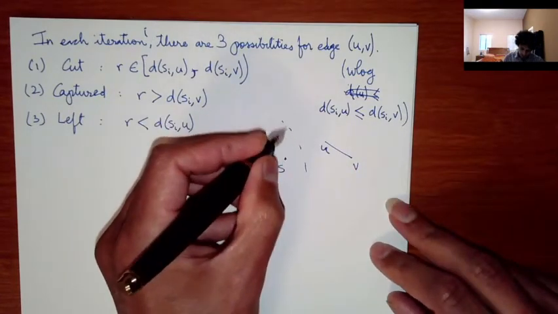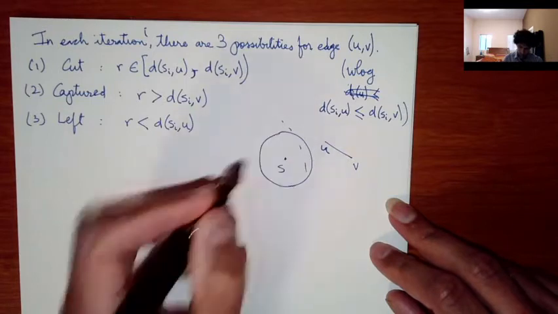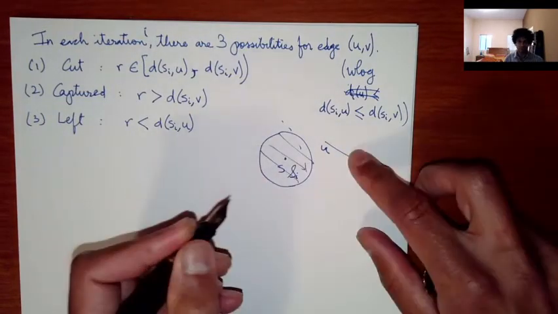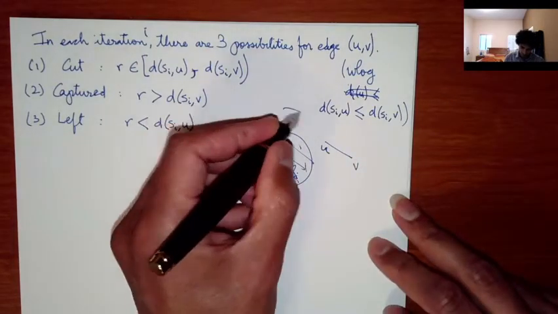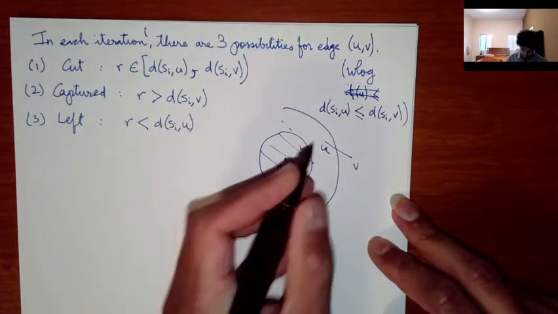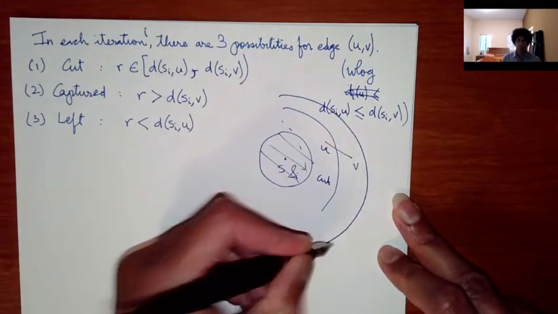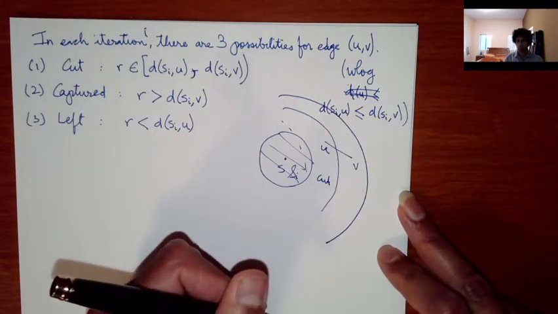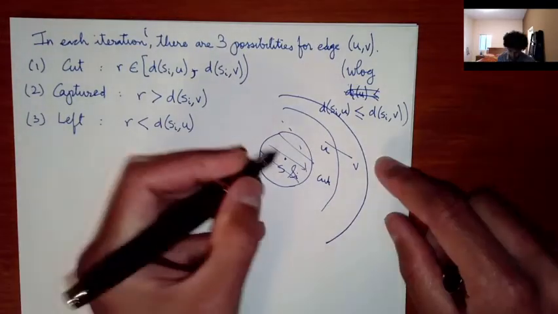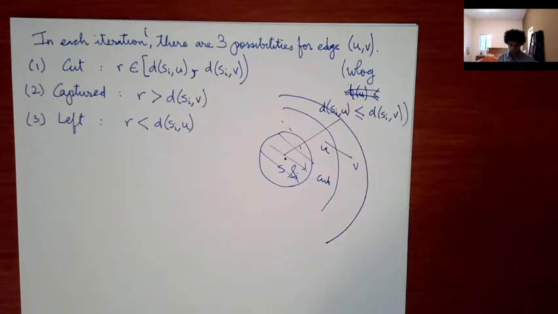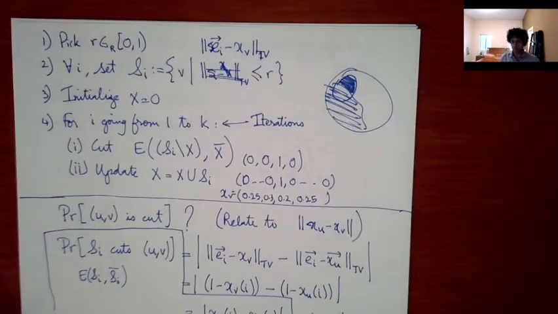If the radius was here, then nothing happens to this edge. If the radius is here, then it gets cut. What happens when the radius is so far out that actually the edge is inside the ball? Look at the algorithm.